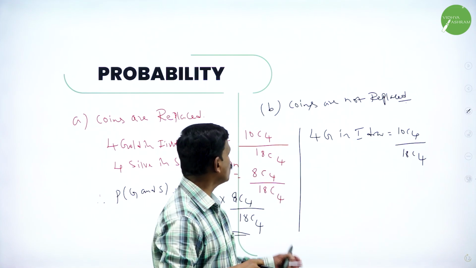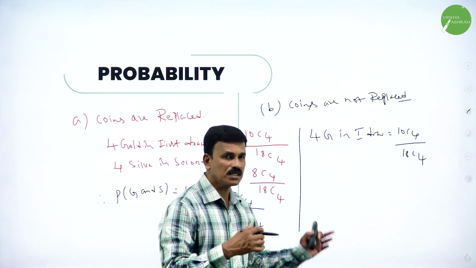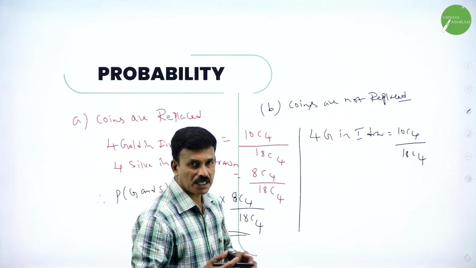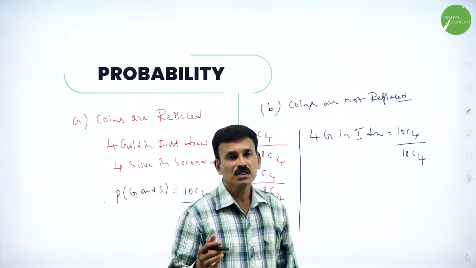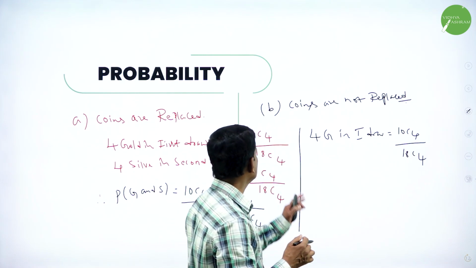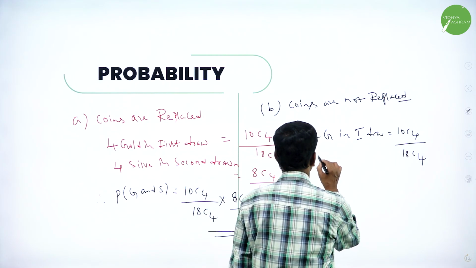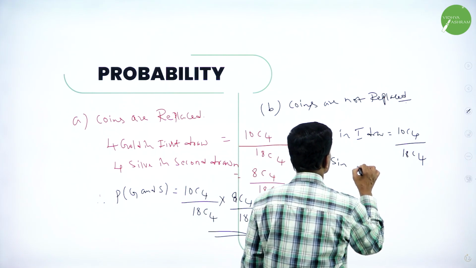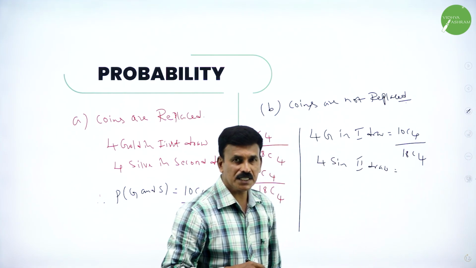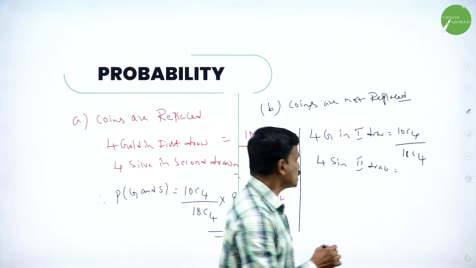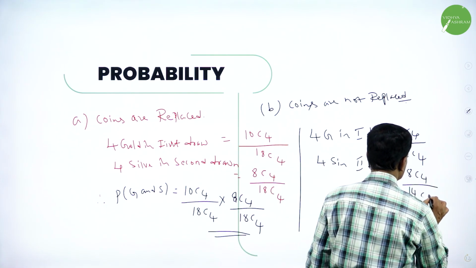That is without replacement. Since here it is without replacement, 4 coins are taken away from the 18. What is the remaining? Then it is 14. So the probability of getting 4 silvers in the second drawn, we have taken 4 out from the 18, is equal to 8C4 divided by 14C4.